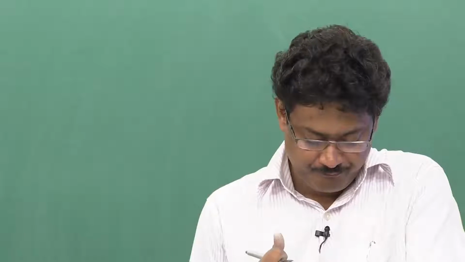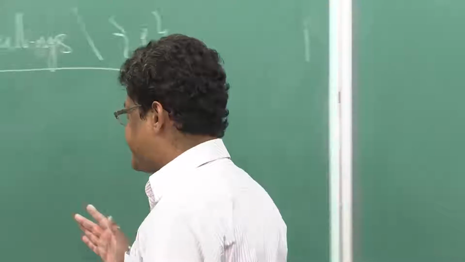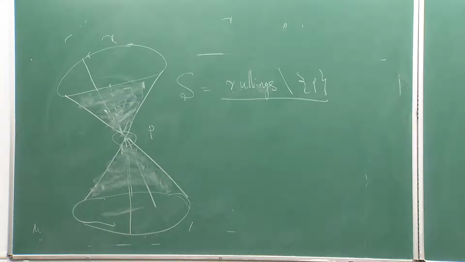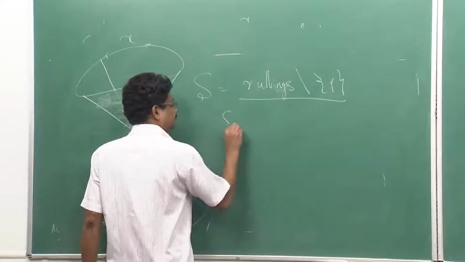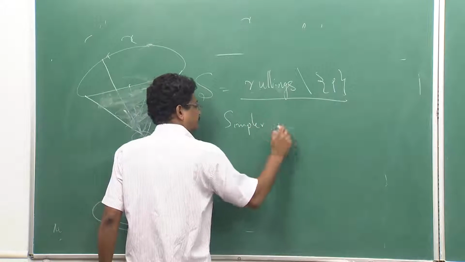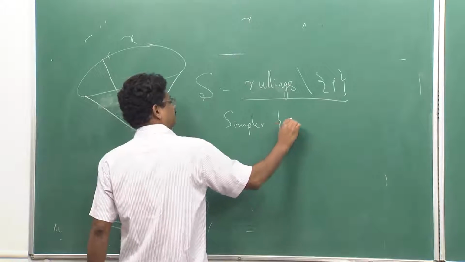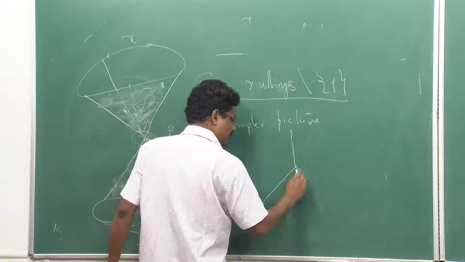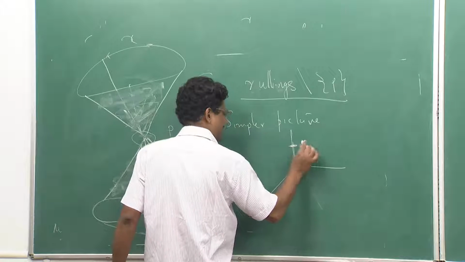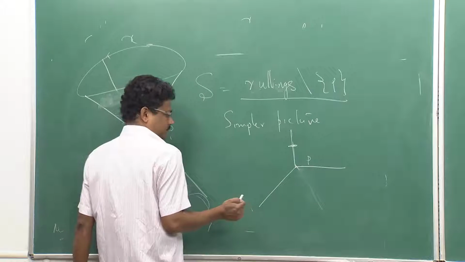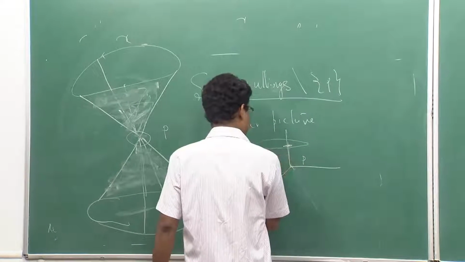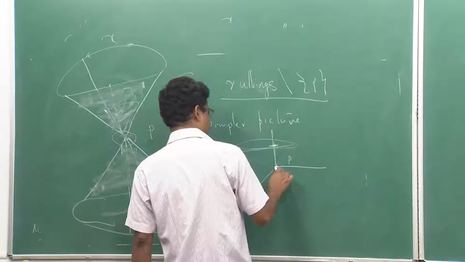And again, this picture can be made very simple in the sense that you take P to be the origin and some point on the z axis, let us say z equal to 1, and you take the curve which is passing through this, then you will have a cone like this.